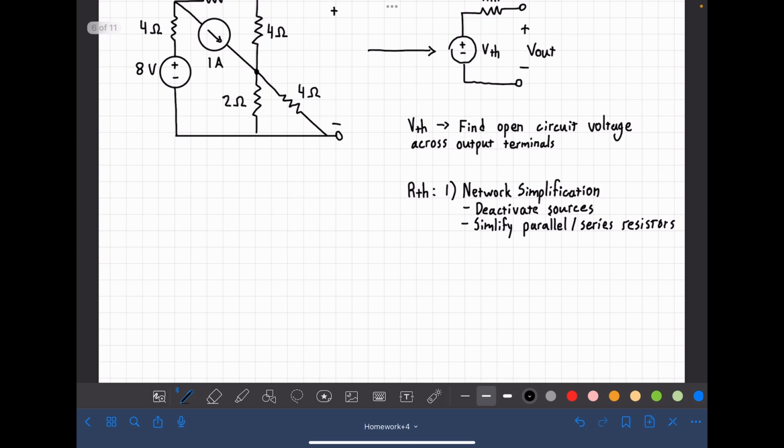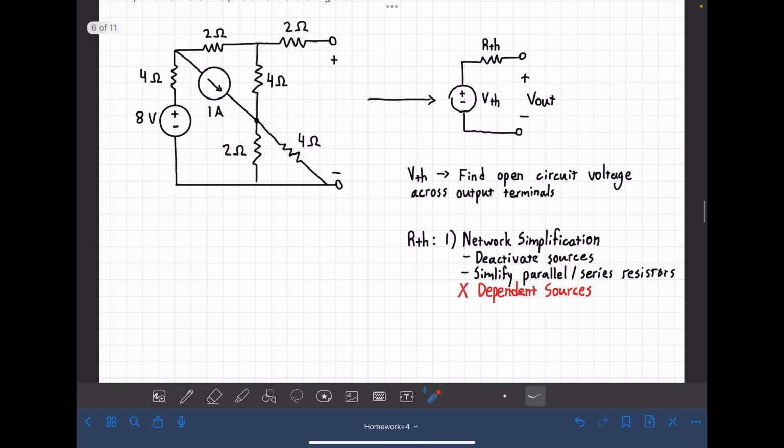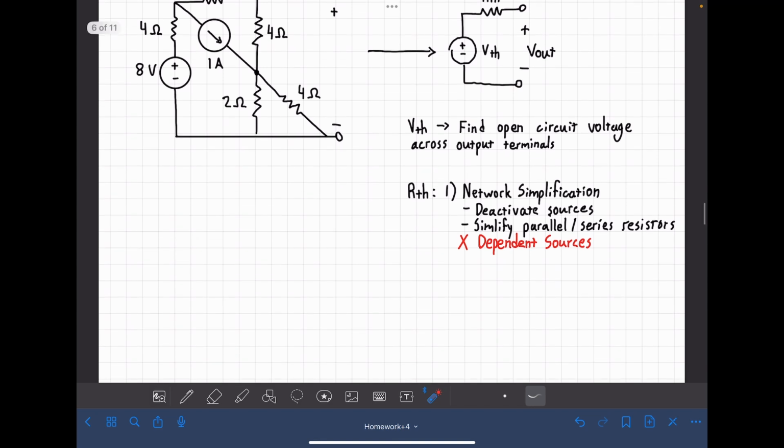So this only works, however, if you have no dependent sources. If there are any dependent sources within your circuit, that means you won't be able to deactivate them, and you won't be able to simplify it to just one resistor. So in that case, we go to the short circuit current method.